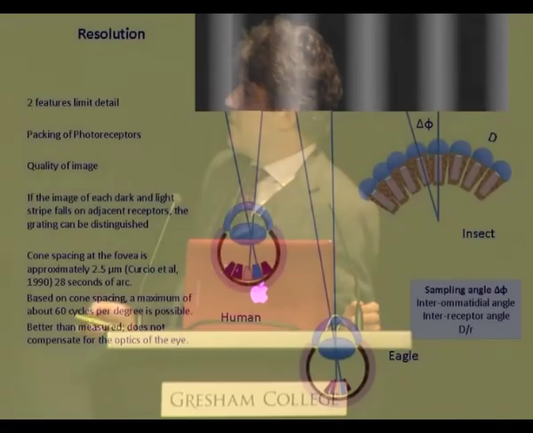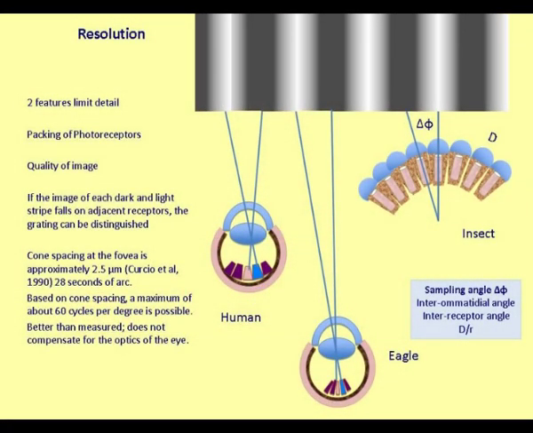Now, when we're dealing with some animals, we can't even use cycles per degree. So what we've got to do is theoretically work out what they might see by looking at the retinal spacing. This is called the acceptance angle. For an insect, we can look at the spacing between the various receptors. For an animal like a human, we can look at the spacing between individual receptors. And this is what happens.